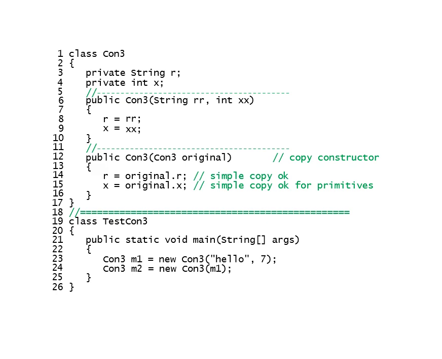Now here we have an example. Let's see. We have two con3 constructors, and the second one is a copy constructor. And we have two instance variables. We have R, which is type string, and X, which is type int. And the copy constructor, which starts on line 12, just does a simple copy.